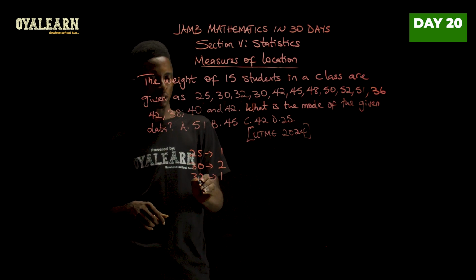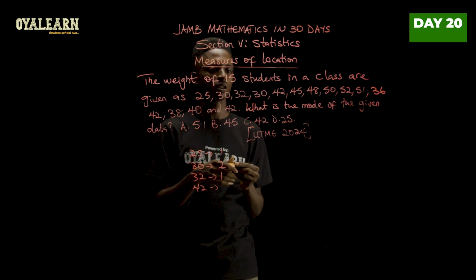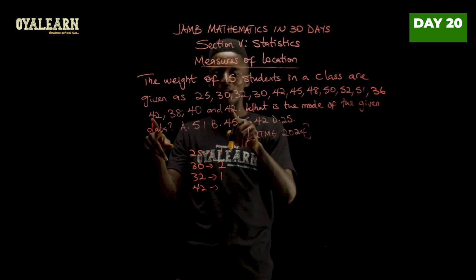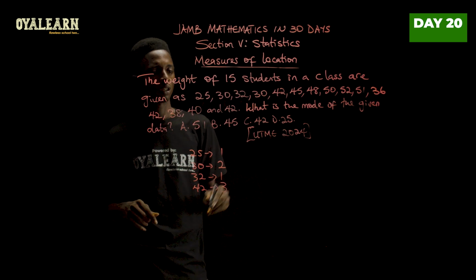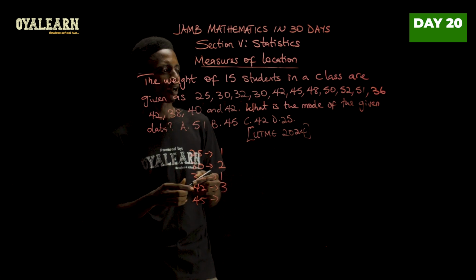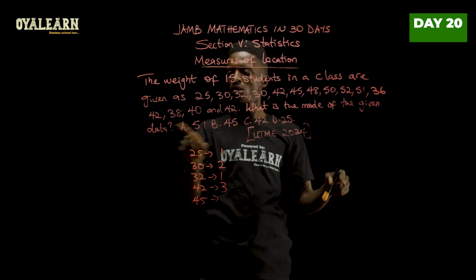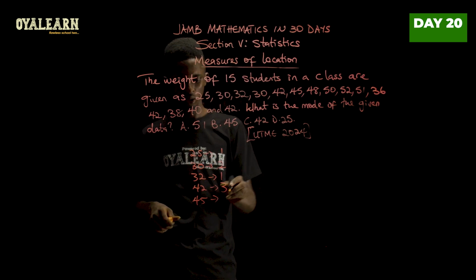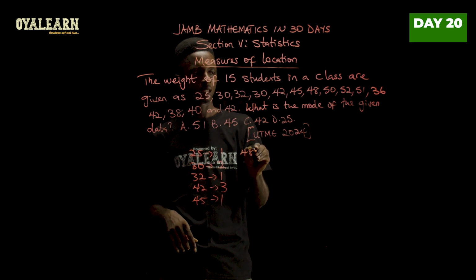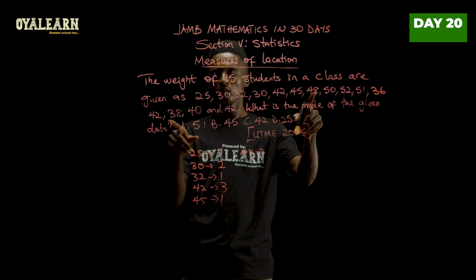Then we have 42, which occurs 1, 2, and 3 times. So after that we have 45. 45 occurs just once. Then we have 48, which occurs once here.